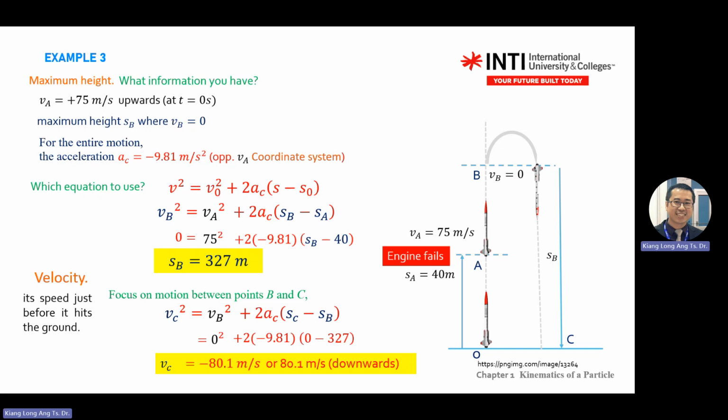If the axis goes down positive, your VC will be positive. AC here pulls down, so AC equals G equals negative 9.81. But if you assume going down is positive, AC equals positive G, which is 9.81.